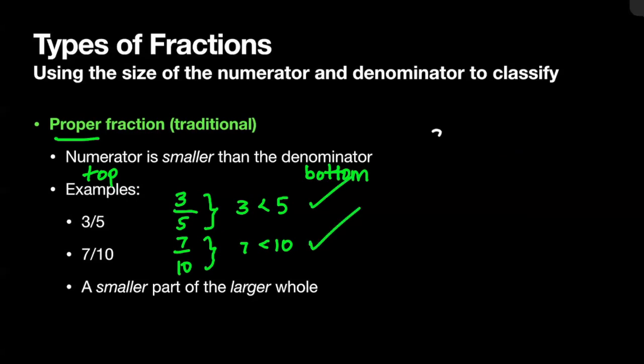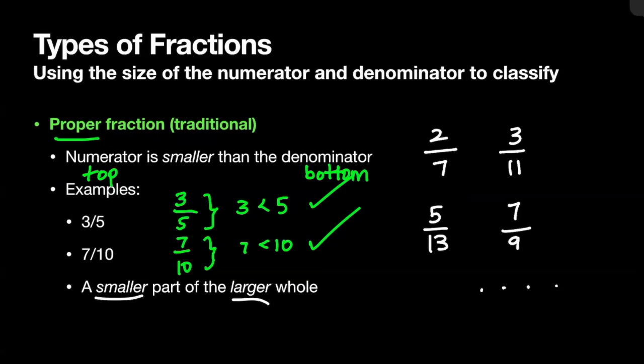You can have any examples, so 2 over 7, 3 over 11, 5 over 13, 7 over 9, and the list goes on, right? So what we can understand from proper fractions is that we use them to represent a smaller part of a larger whole. Remember, the denominator is the whole that we're looking at, and the numerator is only the parts that we're selecting. So it's a smaller part of a larger whole.